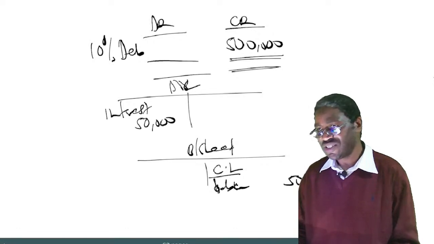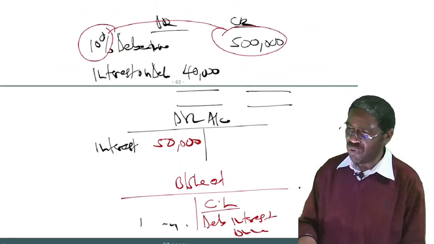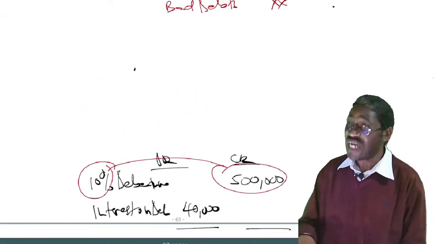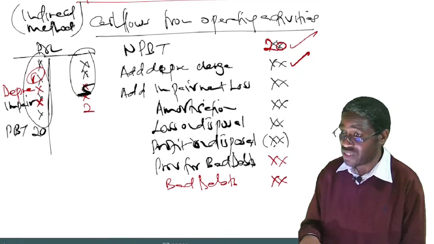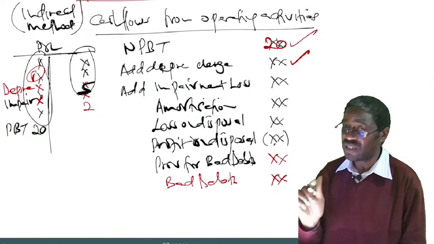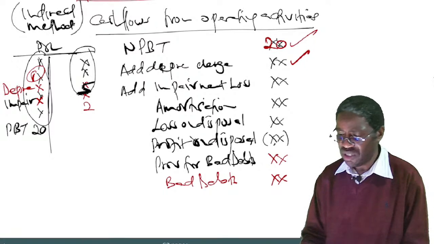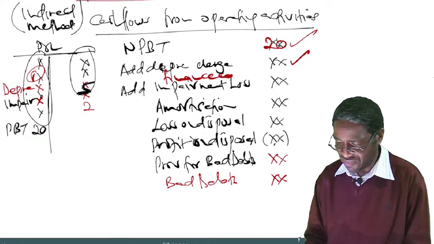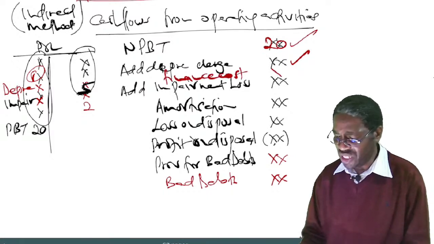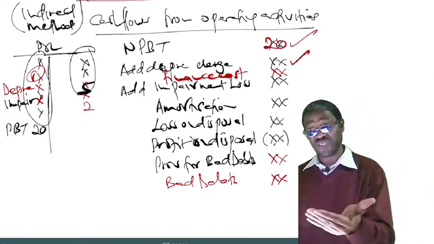Now listen. Here is another example of a non-cash item which one should not forget. It is what we are calling finance cost, which in our case, for these two cases, is the 50.